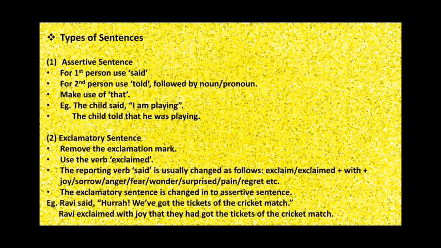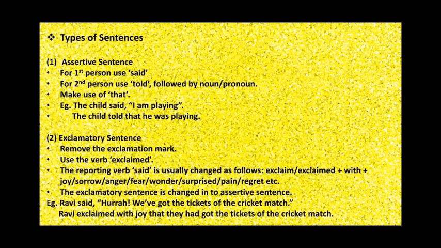Next is the exclamatory sentence. So in this, we need to remove the exclamation mark first. Then we need to use the verb exclaimed. So that will express the feelings or the expressions. Next, the reporting verb said is usually changed as follows.